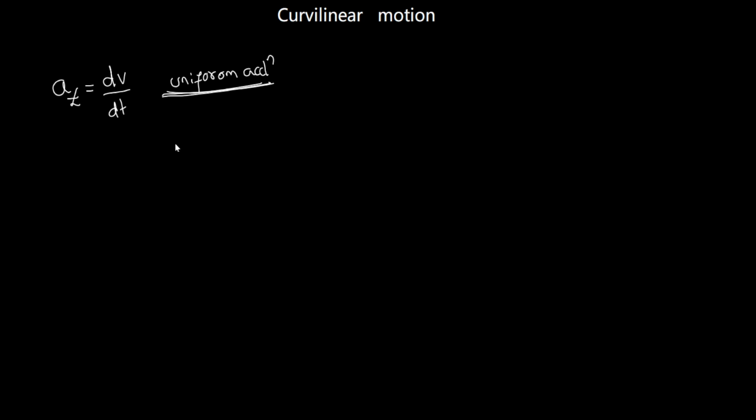In this situation, we know v is equal to u plus at, for rectilinear motion, as we have already discussed in the previous video. This one is valid for rectilinear motion.